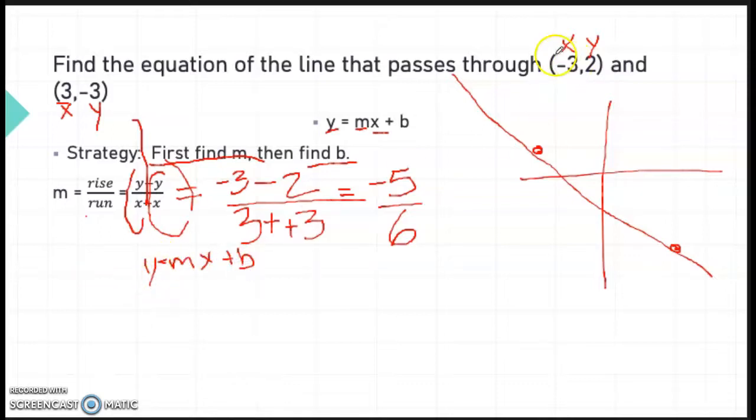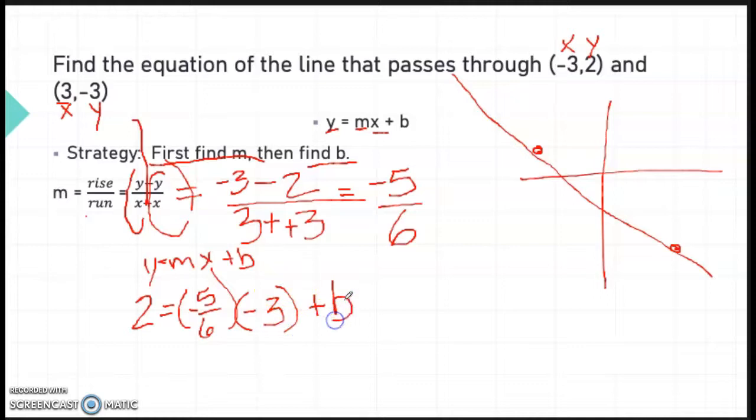I'm going to choose this first point just randomly. X is -3, Y is 2. I'm going to rewrite the equation where Y is 2. Slope is -5/6. X is -3, that's what it says up top. And now I can solve for B.